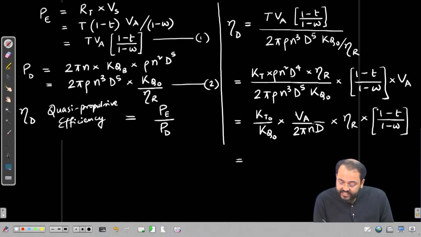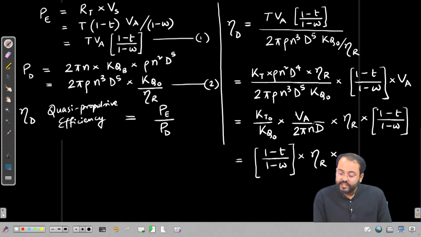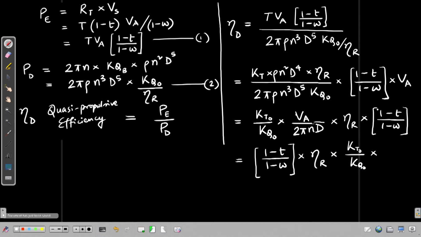So, we can write this as (1 minus T) by (1 minus W) into eta R into KT by KQ in the open condition into Va by nD. This Va by nD is the advance coefficient J by 2 pi, right.